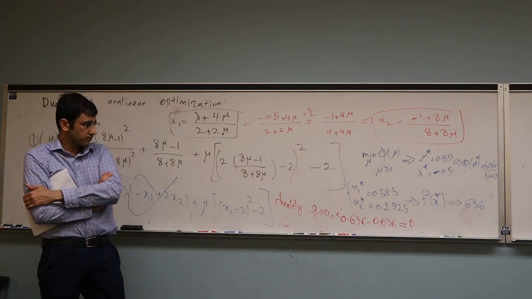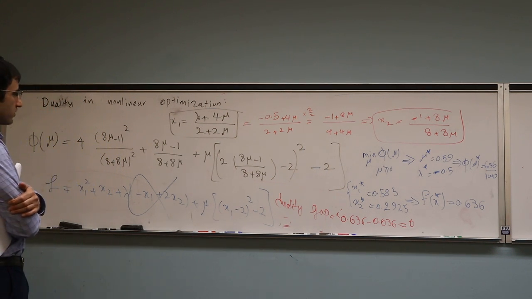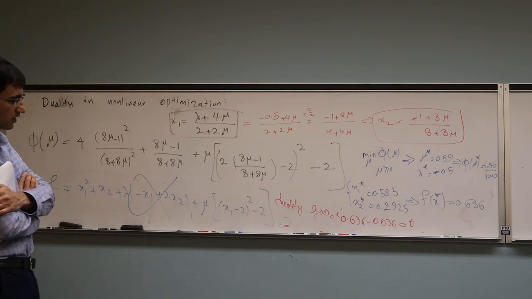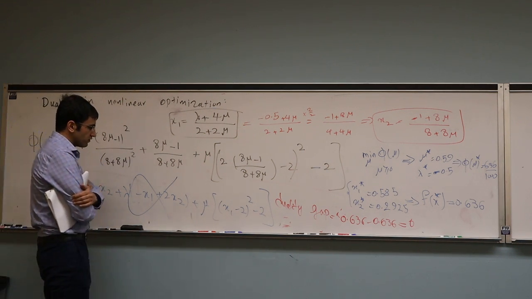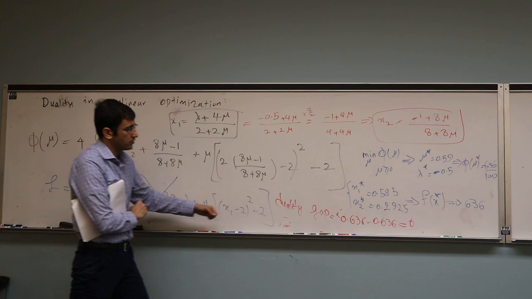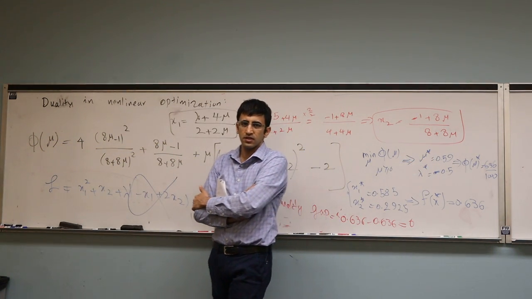Alright, so now you may ask, okay, what's the point of doing this? How is this helping us? The first thing is, here we could find the value of mu without going through the binding, non-binding stories.